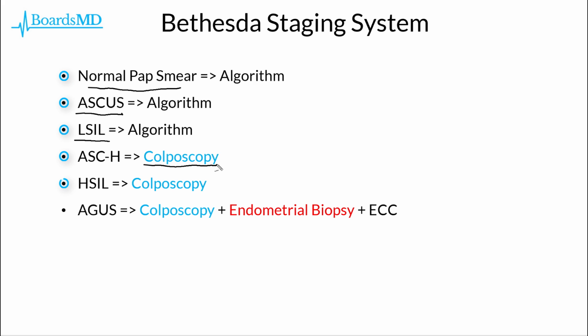Similarly, if we have HSIL, which refers to a high-grade intraepithelial squamous lesion, then we should proceed with a colposcopy. And as I hinted at on the previous slide, if we have a case of AGUS, which refers to atypical glandular cells of undetermined significance, then we should once again get a colposcopy.